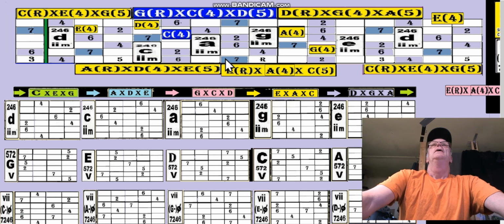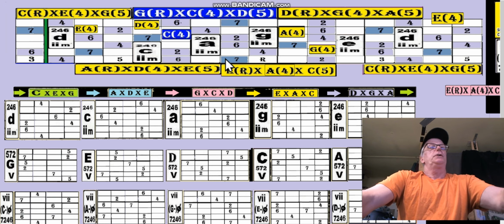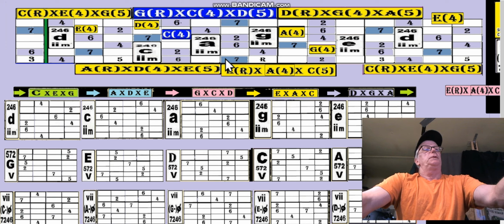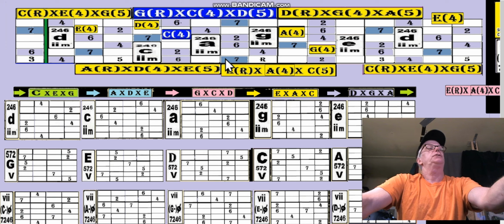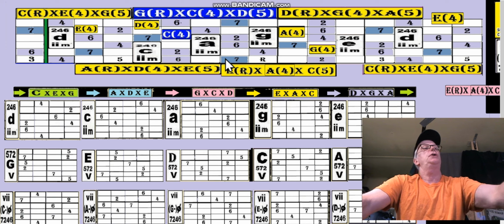Alright? So when you play a D minor, it shares two notes with the B half diminished.